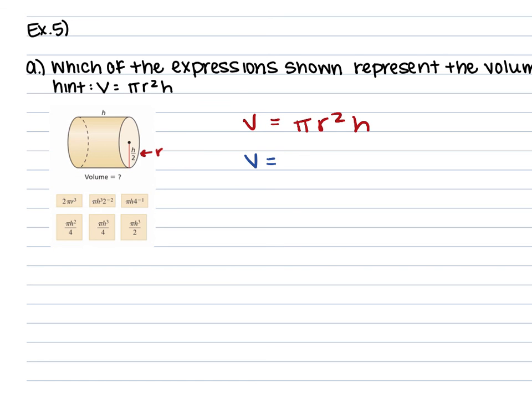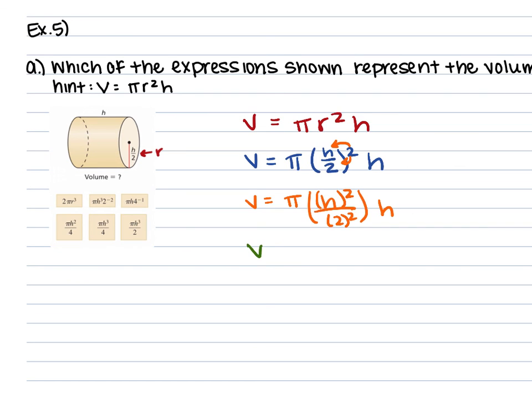So volume is equal to pi times the radius, which is h over 2 squared, times the height. We're going to apply that 2 as the power to both the numerator and the denominator there. So we're going to have volume is equal to pi times your height squared over 2 squared times the height.